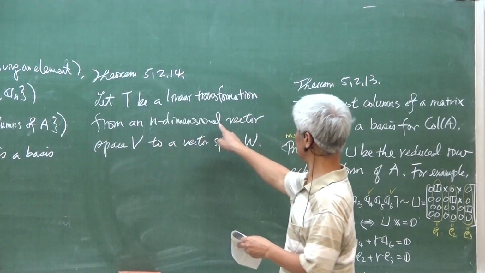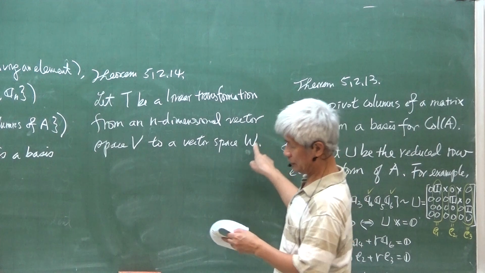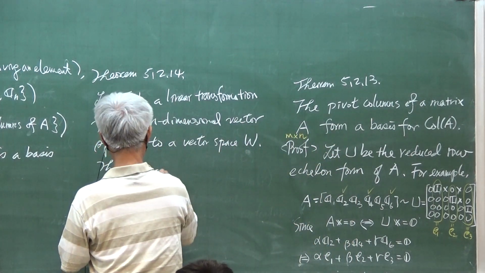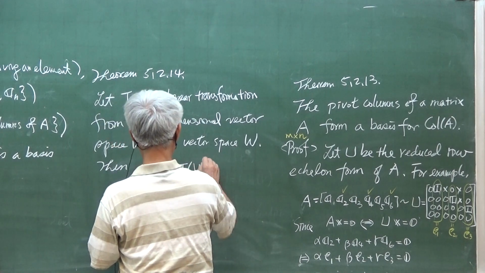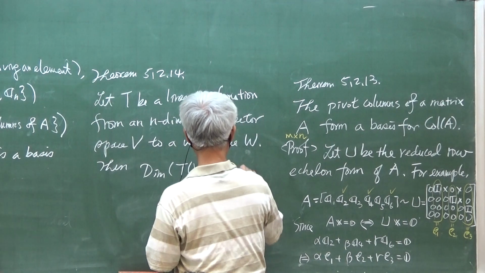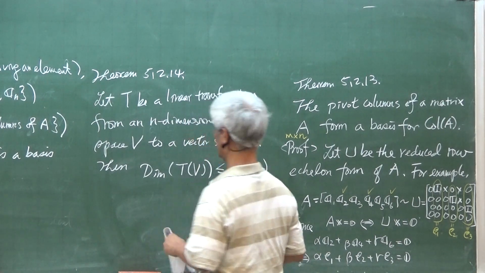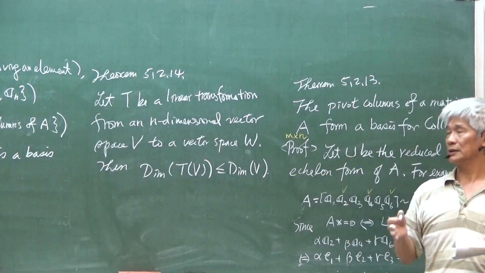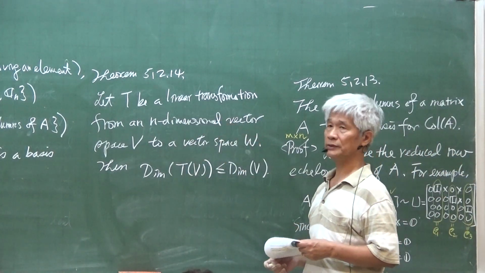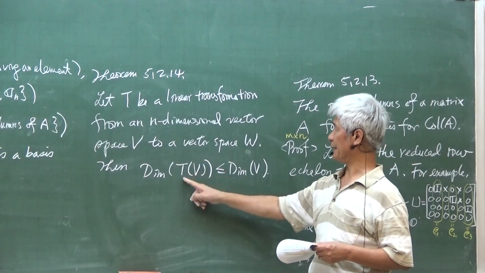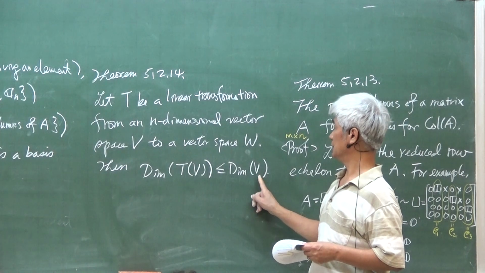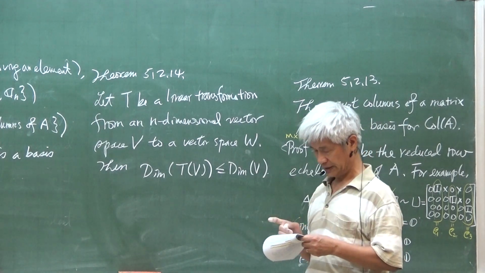Okay, but W may be infinite dimensional. We don't know, just a vector space. Then the dimension of the range of T will be less than or equal to the dimension of V. Okay, so the range of the linear transformation T has dimension less than or equal to the dimension of the domain.